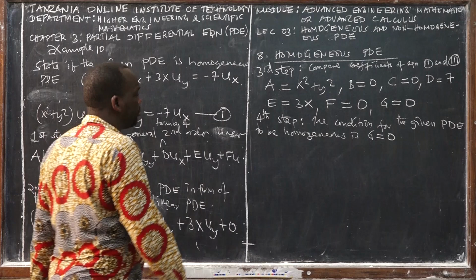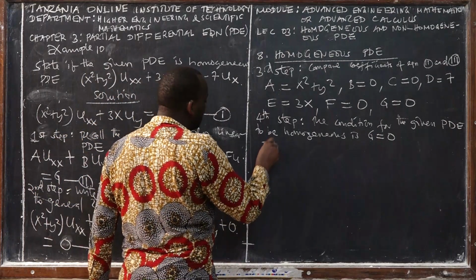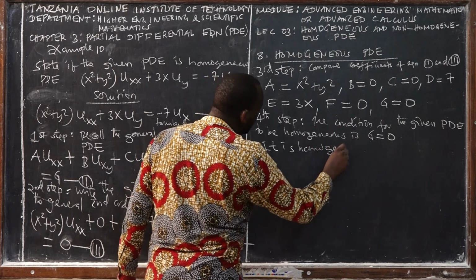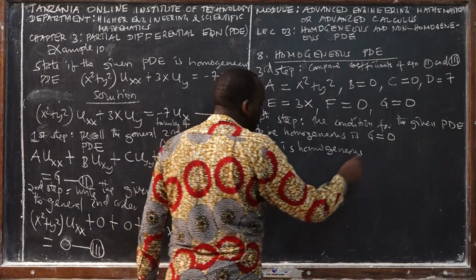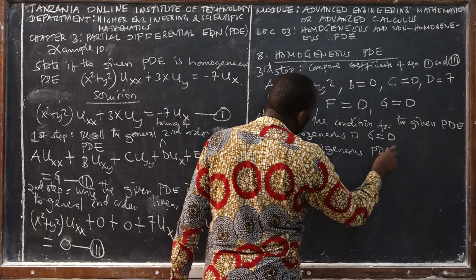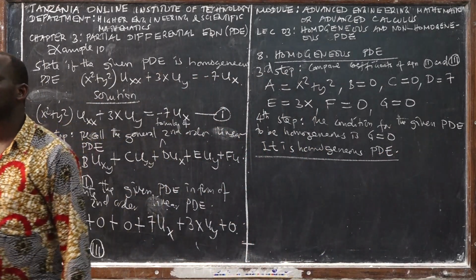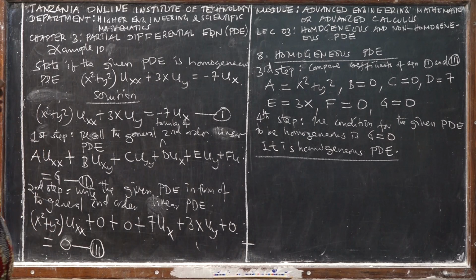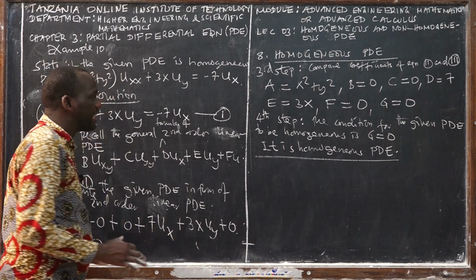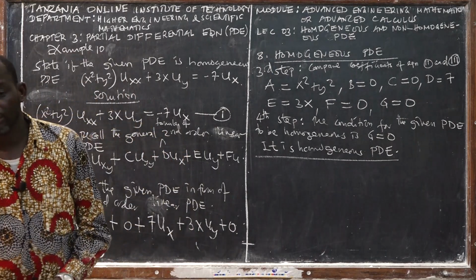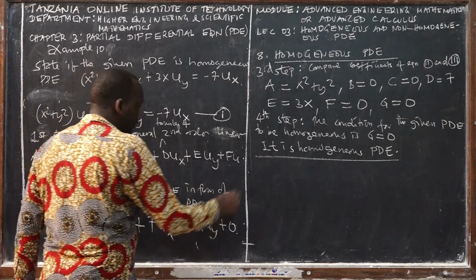Yes. So because G is 0, we say that it is a homogeneous partial differential equation. That's all. Okay? Then I believe that you've understood the concepts of homogeneous partial differential equation. Isn't it?